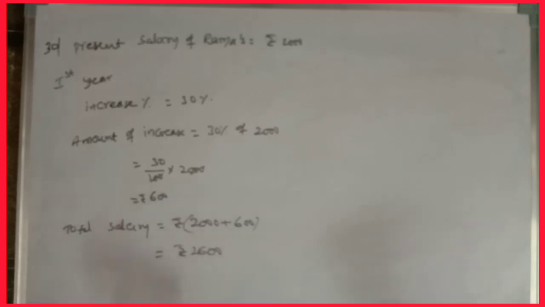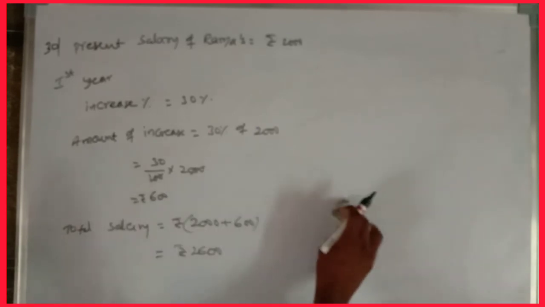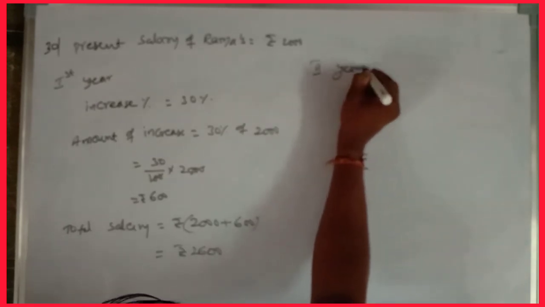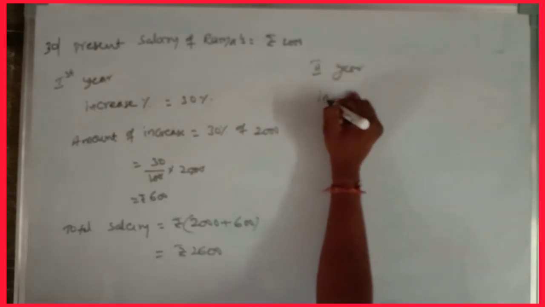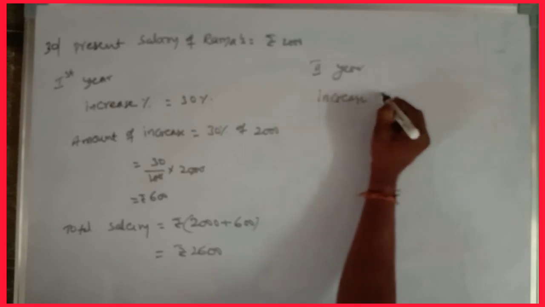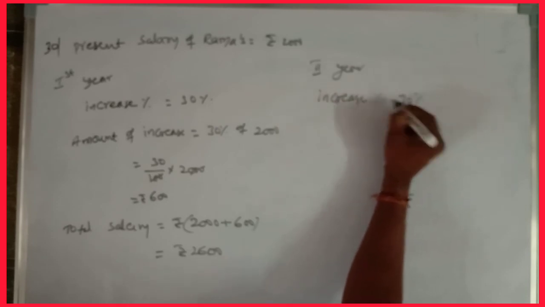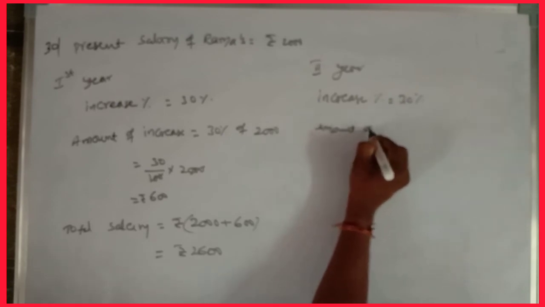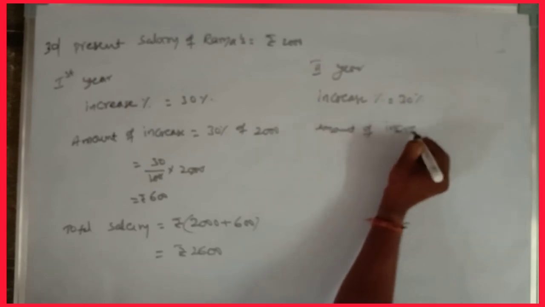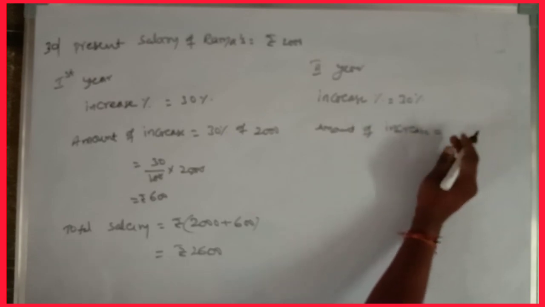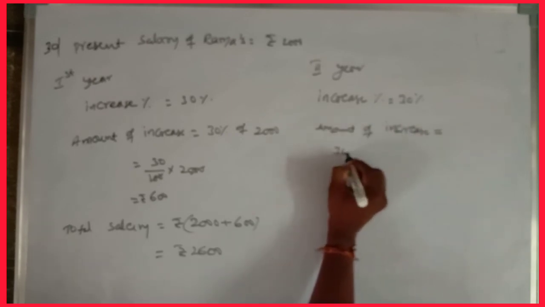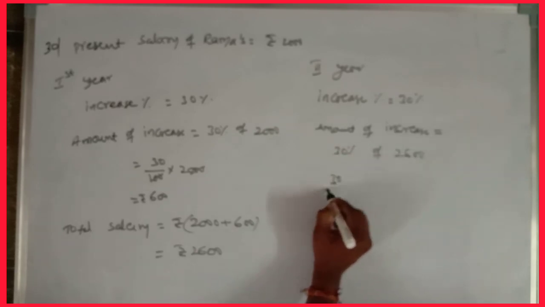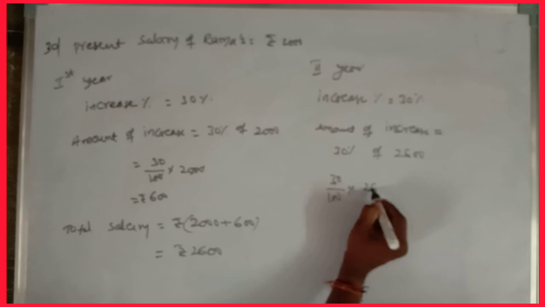Now in the same way for the second year. Okay, increase second year, increase percentage is equal to the same 30%. Now amount of increase is equal to 30% of 2600. So that is 30 by 100 into 2600.